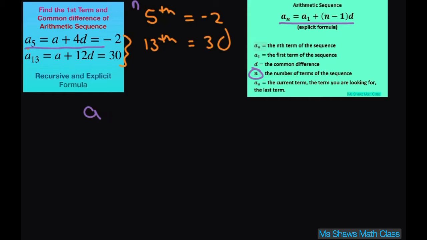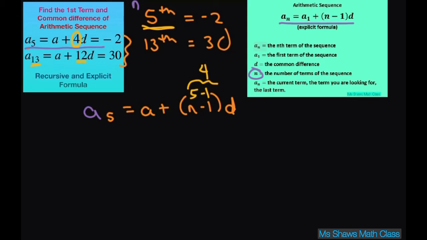Our n is 5. So a sub 5 equals your first term plus n minus 1 times d. But your n is 5, so 5 minus 1 equals 4, and that's where the 4 comes in. This number here is always going to be 1 less than this number.